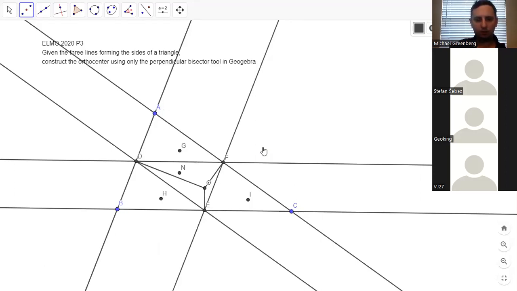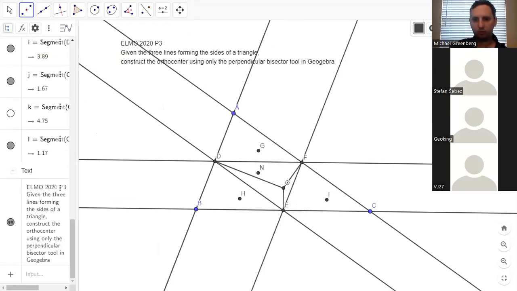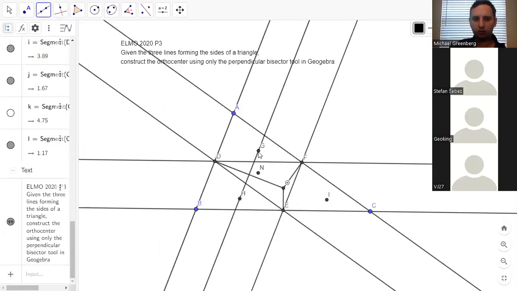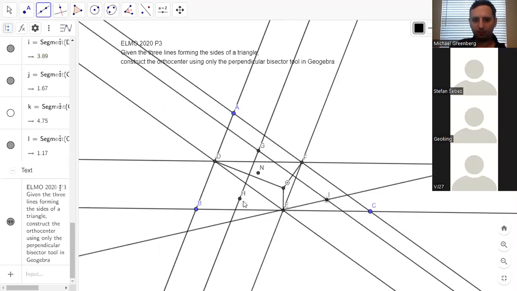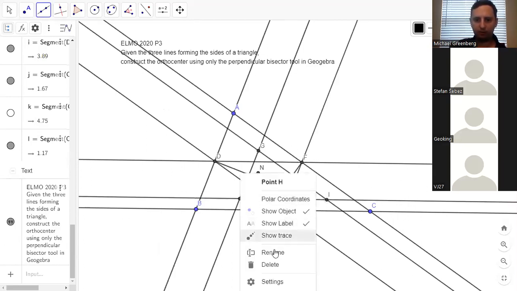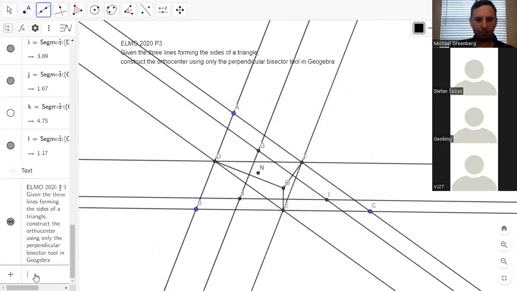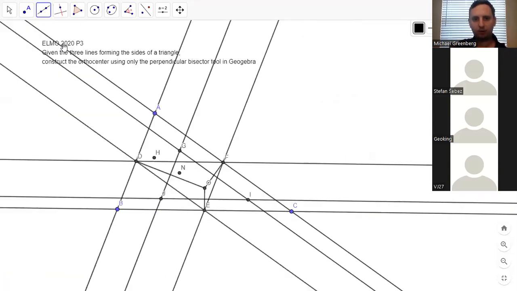Let me draw that actual orthocenter, see if there's any relationship. GH. Okay, so we can draw this, this, and this. Let me change H to J. It's so weird because H is all the way over there.